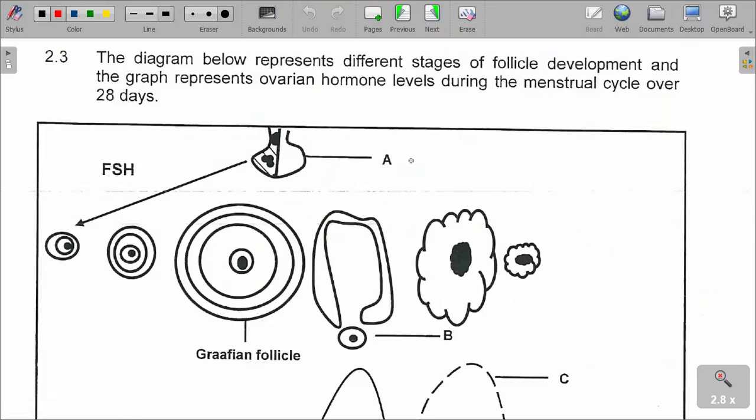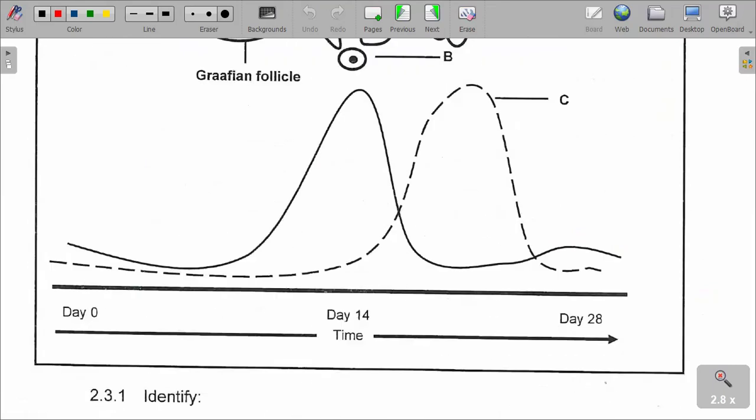The diagram below represents different stages of follicle development, and the graph represents ovarian hormone levels during the menstrual cycle over 28 days.